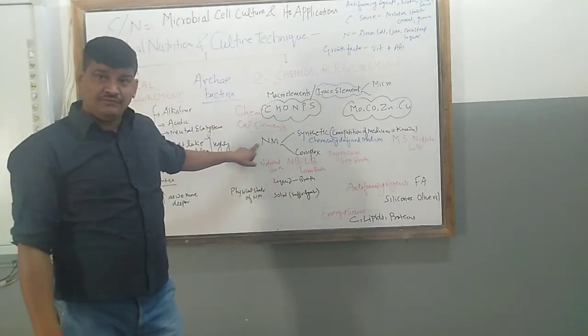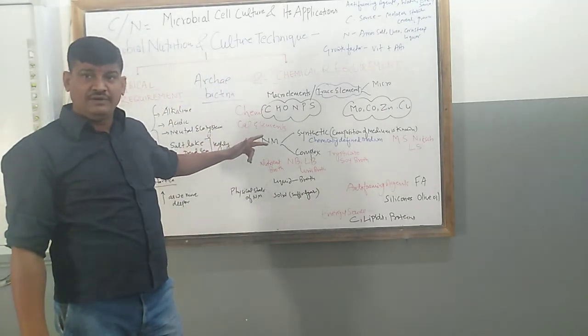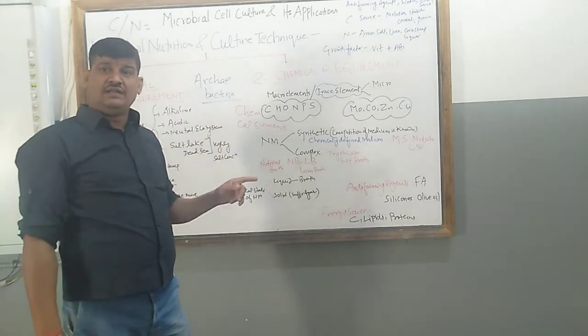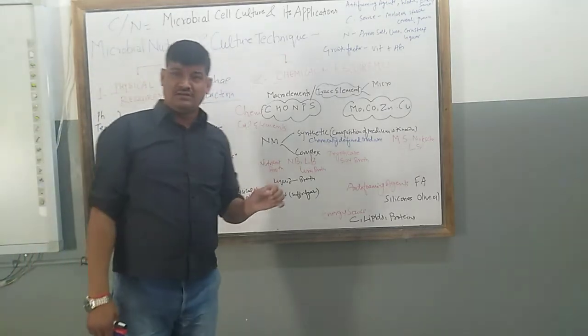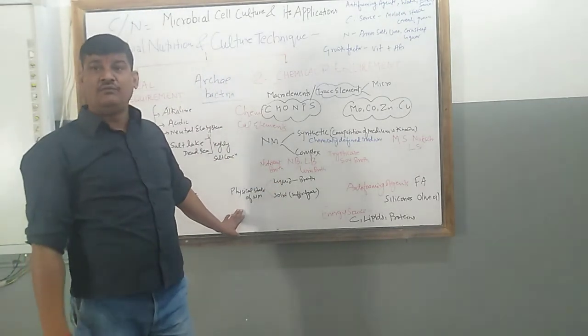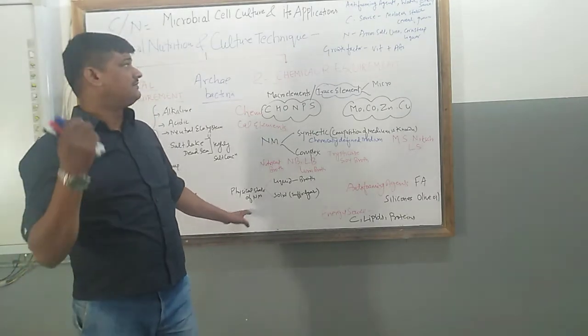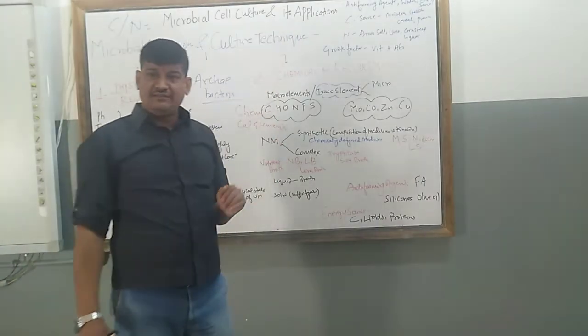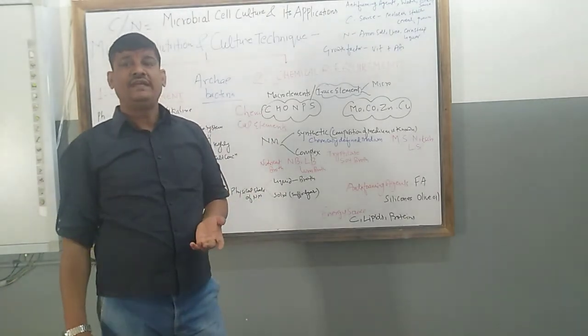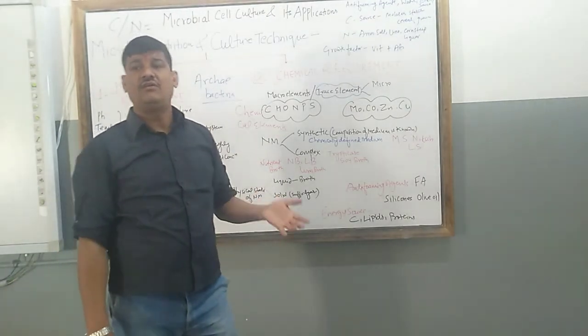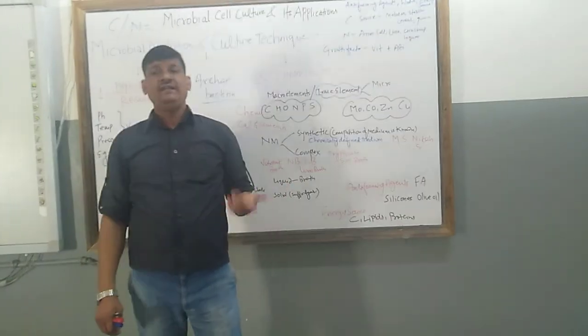We use two states of the nutrient medium, solid and liquid. For the liquid we use the technical term broth, and for the solid we use the technical term agar as a suffix. Now, anti-foaming agents: the ones we use here are silicone, olive oil and fatty acid.